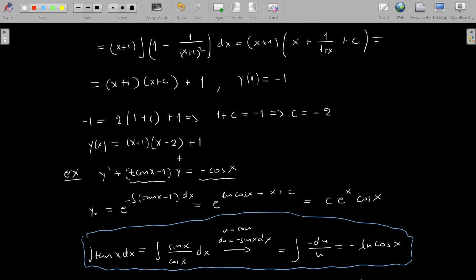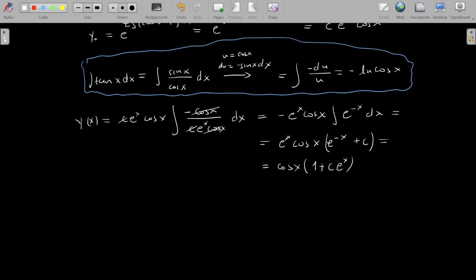Now, for the next lecture, we are going to try to tackle something called exact differential equations, which will be of the form P of x and y dx plus Q of x and y dy.